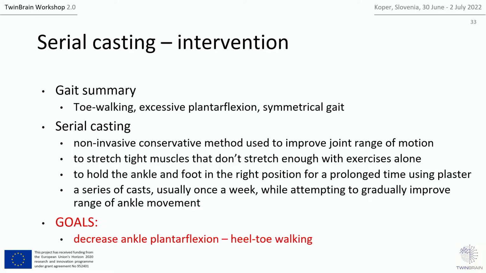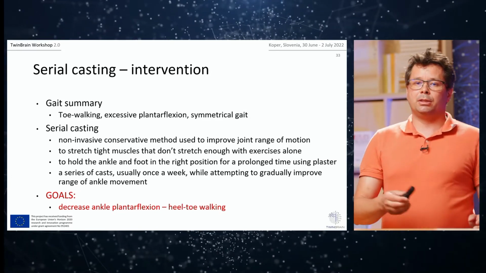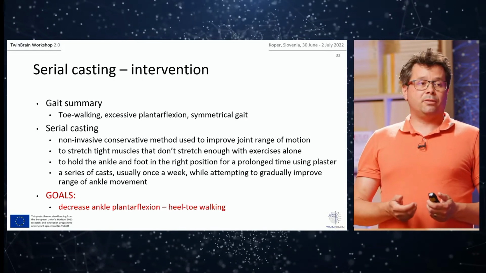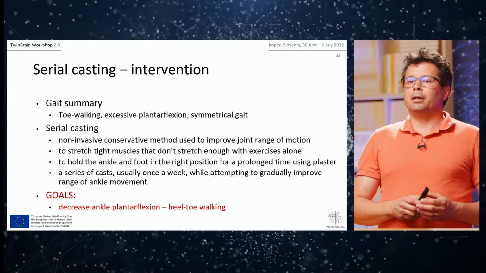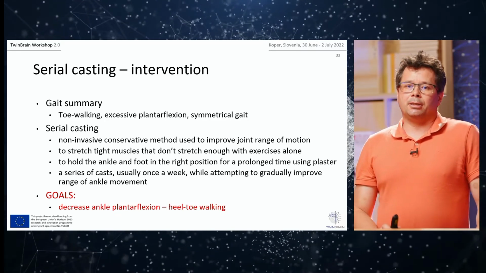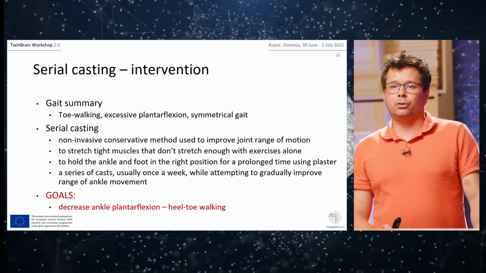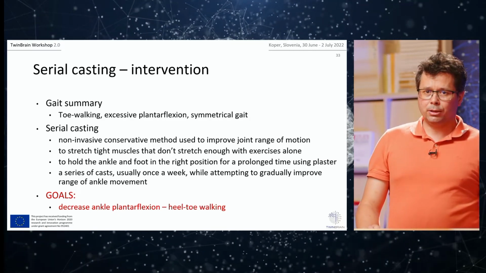So before the intervention, we noticed the quite extensive toe walking pattern, extensive plantar flexion in the ankle joint, and nevertheless the gait is quite symmetrical. So what is serial casting? Serial casting is a non-invasive conservative method used to improve range of motion in joints.